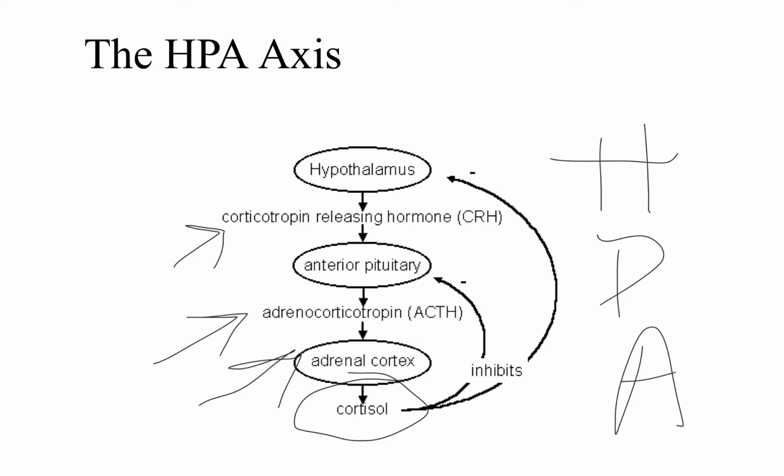And that cortisol continues to be created through this pathway until levels of cortisol get back to their homeostatic level. When that occurs, we now can send the signal of adequate cortisol back up to the brain to be received by the hypothalamus.